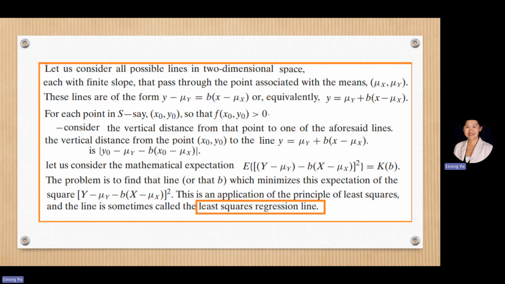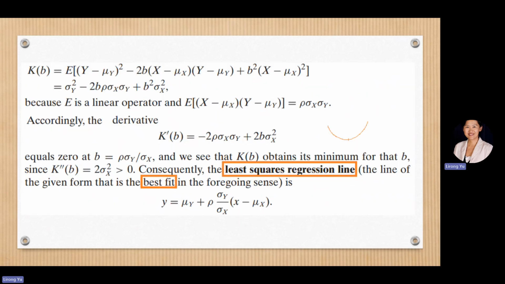This is a degree 2 function of b. b will be the slope of the line. That's called the function k of b. So we find the derivative of k of b and make the derivative equal to 0. That way, we will be able to find the value for b that will offer the lowest value of that expectation of squares.